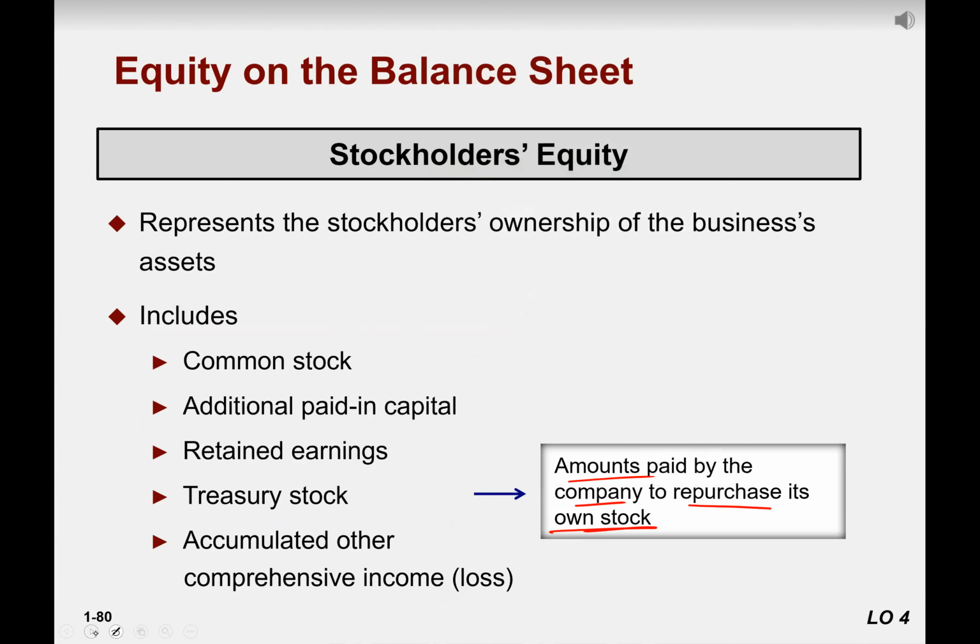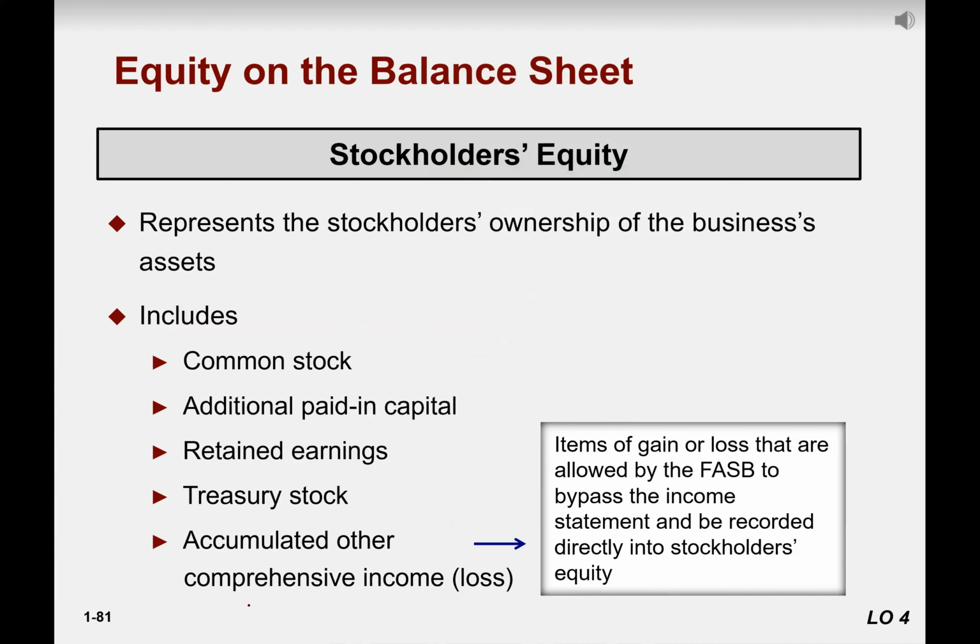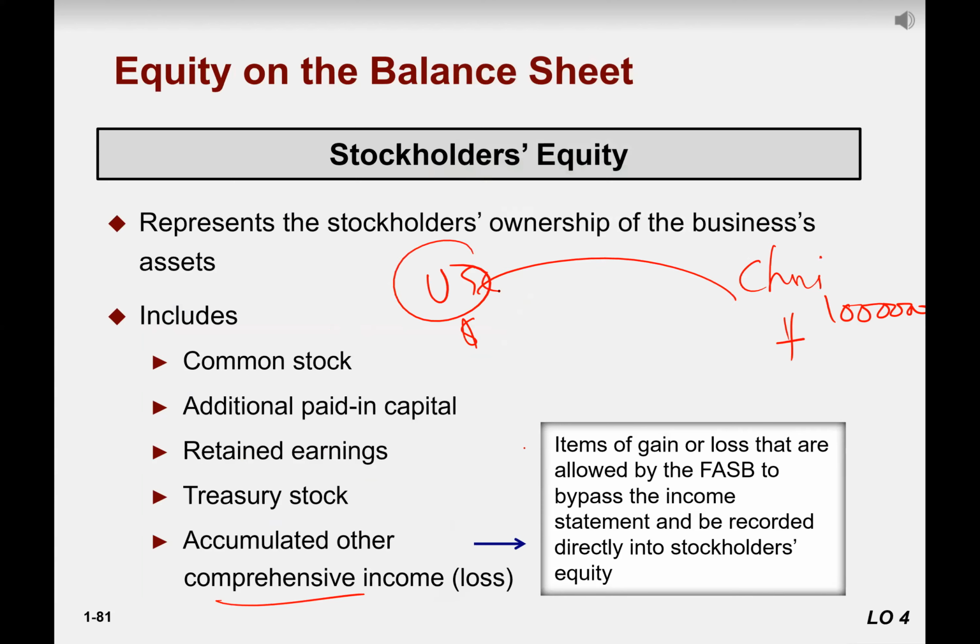And what do we mean by other comprehensive income? Like you have a business in the US and, for example, in China. When you earned 1 million yuan profit, and now you are converting those yuan into dollars in the US.